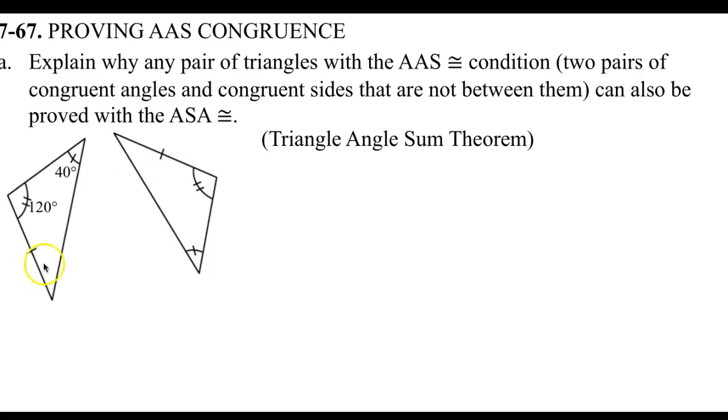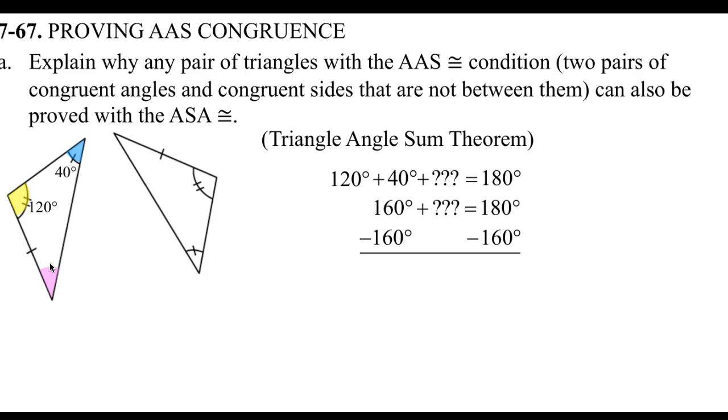Well, could we find the third angle? We could use the triangle sum theorem. Add these two angles up, subtract that from 180, and we get 20 degrees. Okay, and remember, these two angles are congruent, so that also means that's 120, and then that's also 40. And if that's 20, this is also 20.